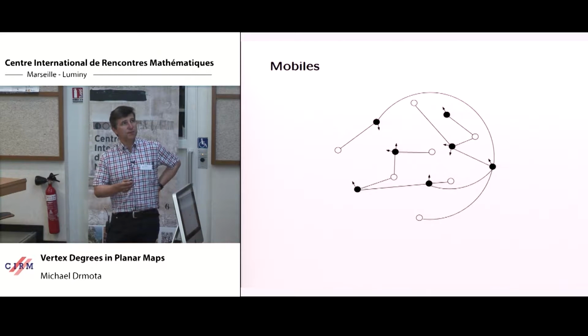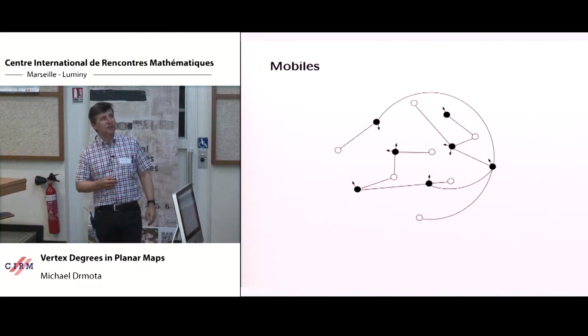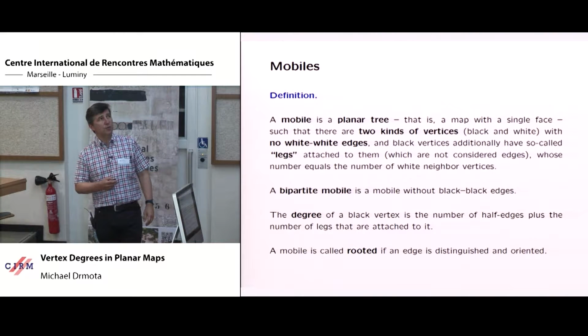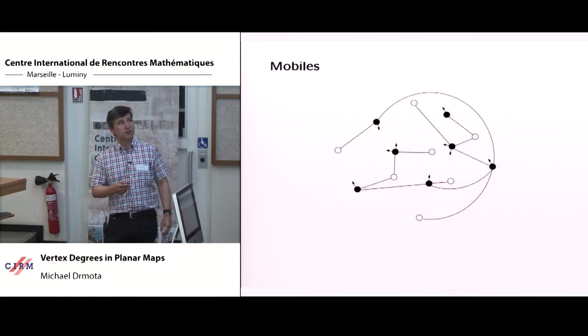It looks strange, but it comes from an example that comes later. So it is a tree where you have two kinds of vertices, white and black, but there are no white edges. So there might be black edges, but a white vertex has only black neighbors.